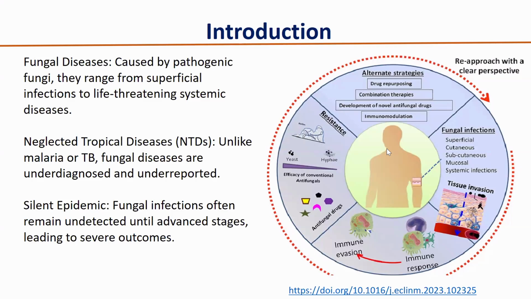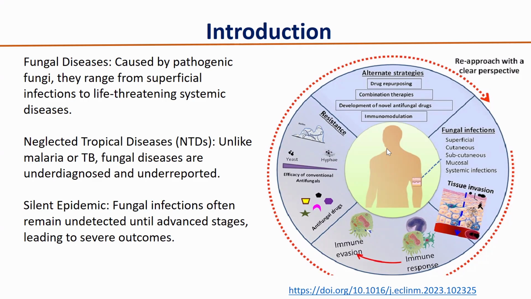About 75% of the HIV population is living in Sub-Saharan Africa. So we have a lot of immunocompromised individuals, but we also have cancer patients. The number of cancer cases reported from Sub-Saharan Africa is high, and these patients are also at risk of getting invasive fungal infection, the life-threatening fungal infection, the one that we are worried about.